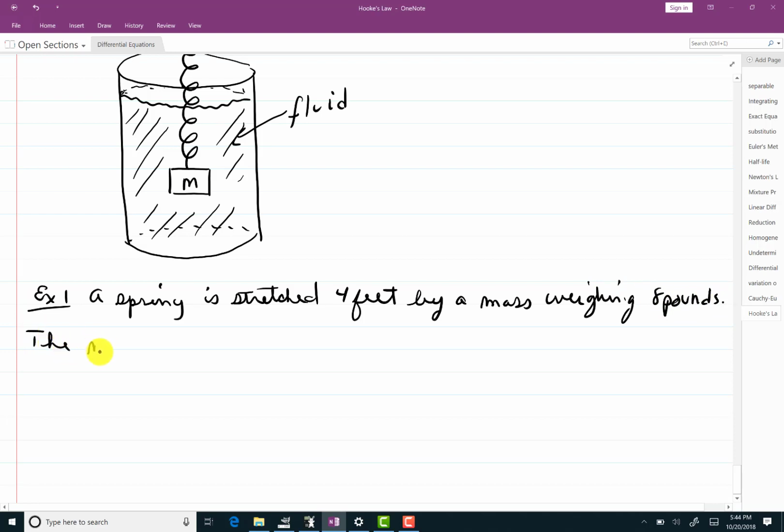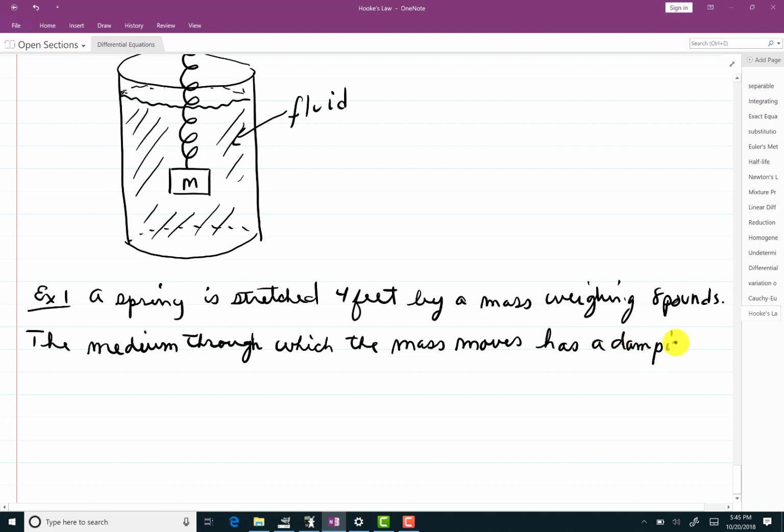The medium through which the mass moves has a damping force of beta equals radical 2.